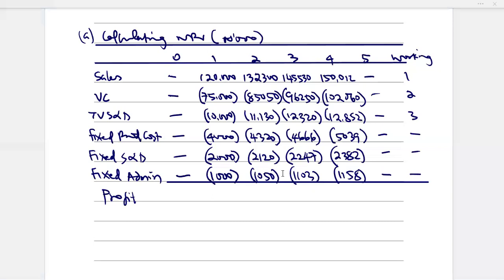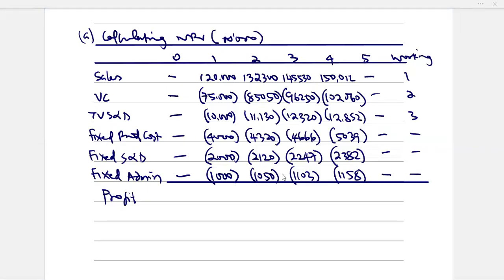So I will do for year 3: 145,530 minus 96,250 minus 12,320 minus 4,666 minus 2,247 minus, oh, that's an error.